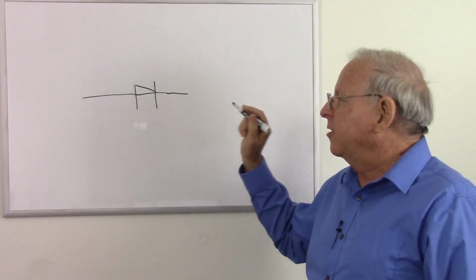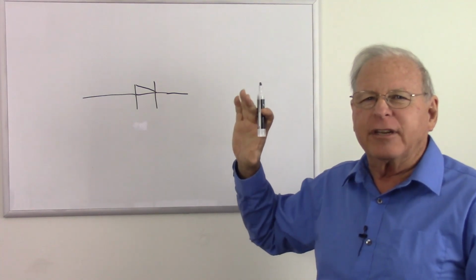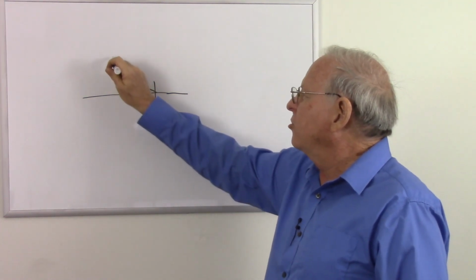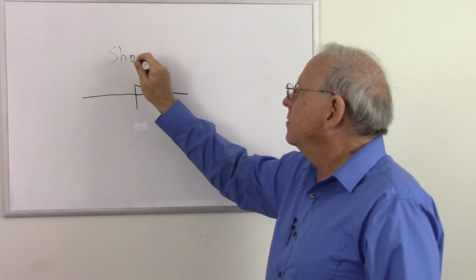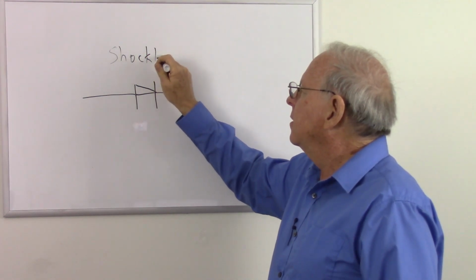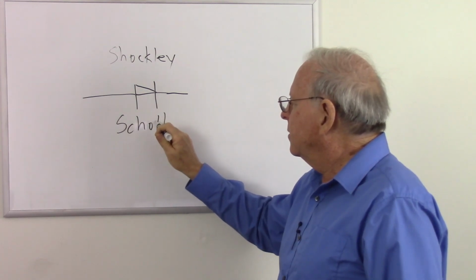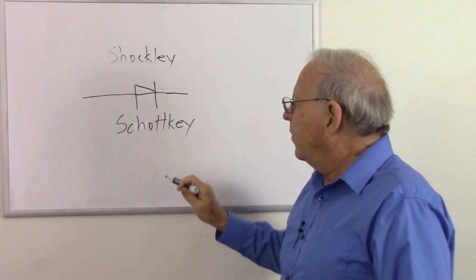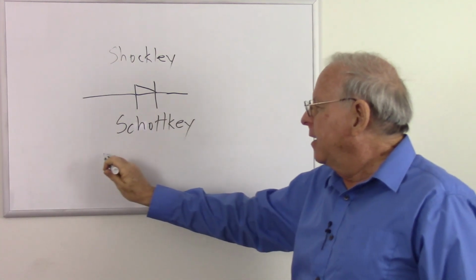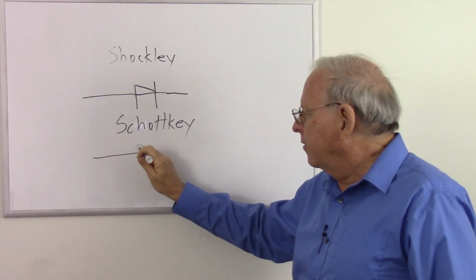Now when we're talking about the Shockley diode, let's talk about the Schottky diode. So that's a Shockley diode. There's another one called the Schottky, which is not to be confused with it. We'll draw the symbol for the Schottky diode.